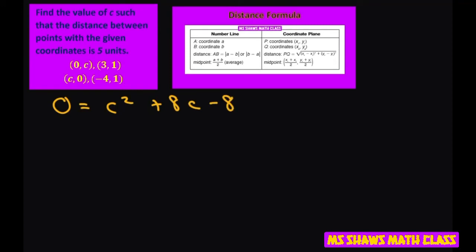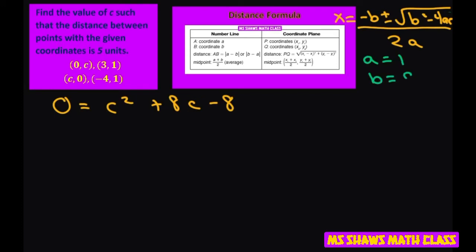The quadratic formula is x equals negative b plus or minus the square root of b squared minus 4ac, all divided by 2a. In our case, our a is 1, our b is 8, and our c is negative 8.